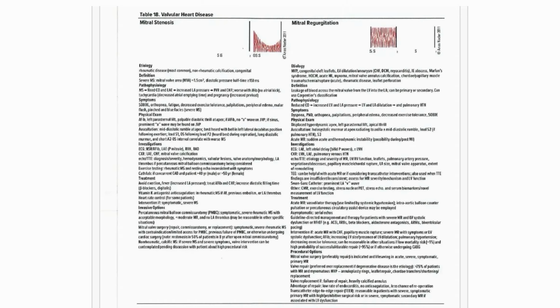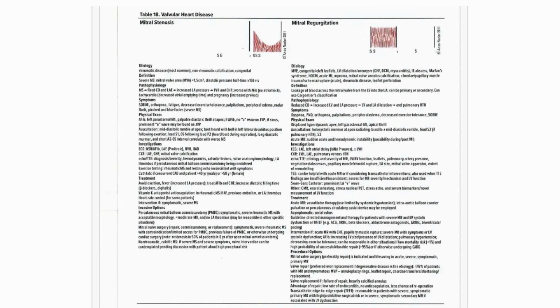Symptoms, as listed in the table: patients commonly present with shortness of breath on exertion, orthopnea, fatigue, reduced exercise tolerance, palpitations, and peripheral edema. Patients with severe disease may develop the characteristic malar flush and pinched facial appearance.